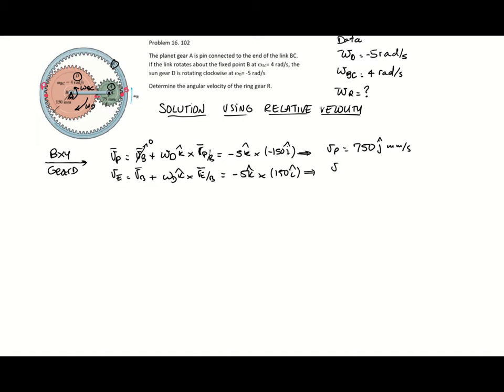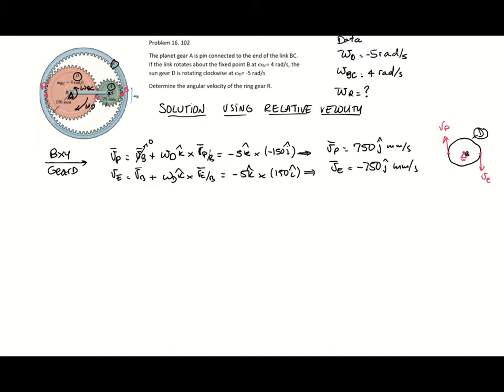Therefore the velocity of E equals negative 750 j meters over second. So if we draw this gear D, this is point B, and the velocity of P is that one, and the velocity of E is that one. And B has zero velocity.